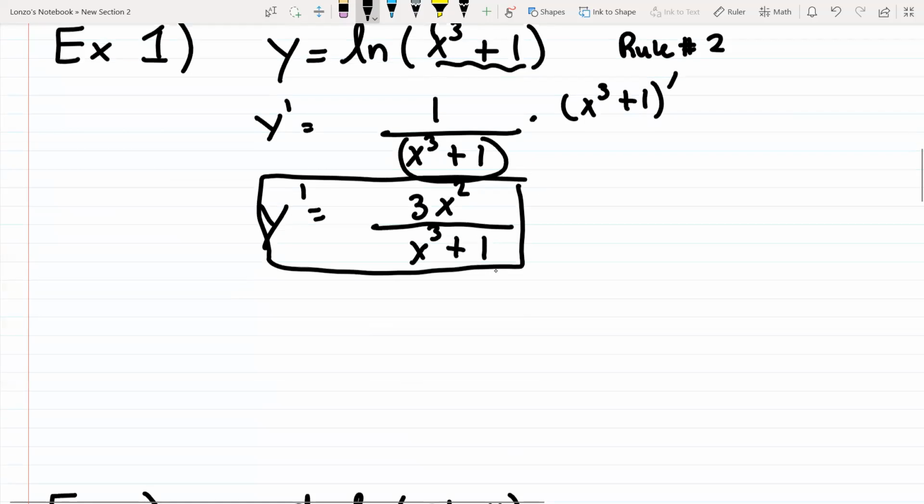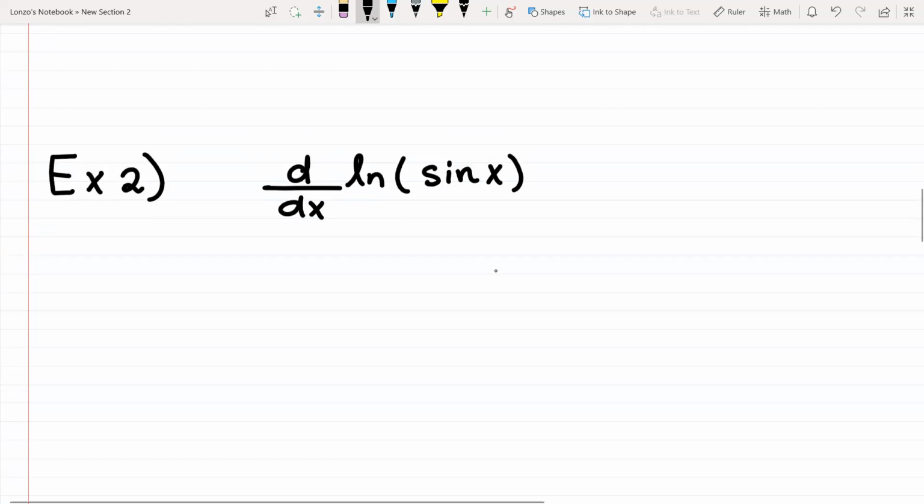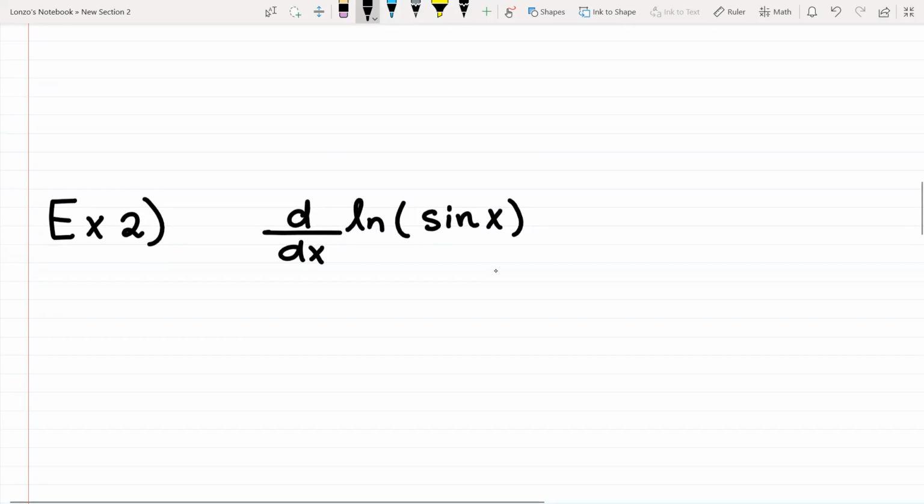Example 2, find the derivative of ln of sine x. I think we're going to use rule number 2.